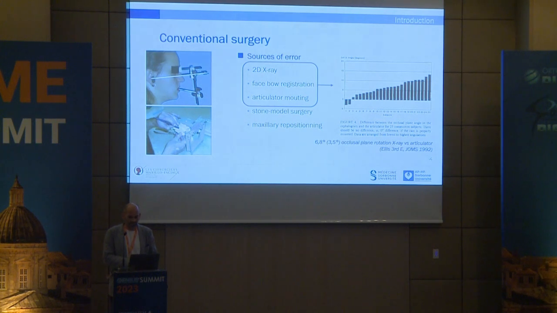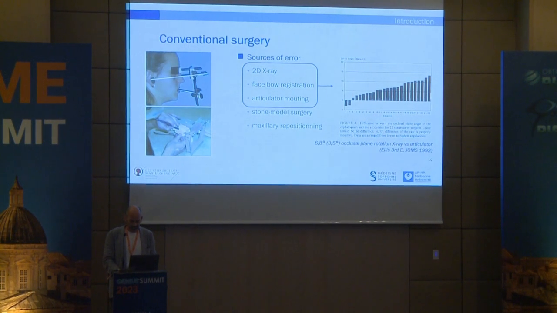You can see here a graph, where each patient is represented by a different bar, and you see that there are a number of rotations between the occlusal plane on the teleradiograph and the articulator. So there are many degrees of difference, ranging from 6 degrees up to 15 degrees, and of course for 15 degrees, I let you imagine how severe the consequences may be on your surgical result.